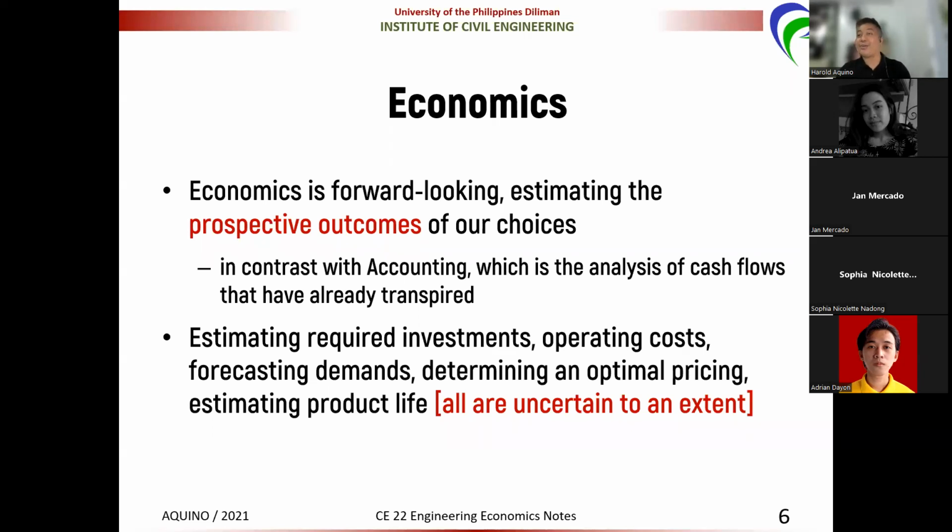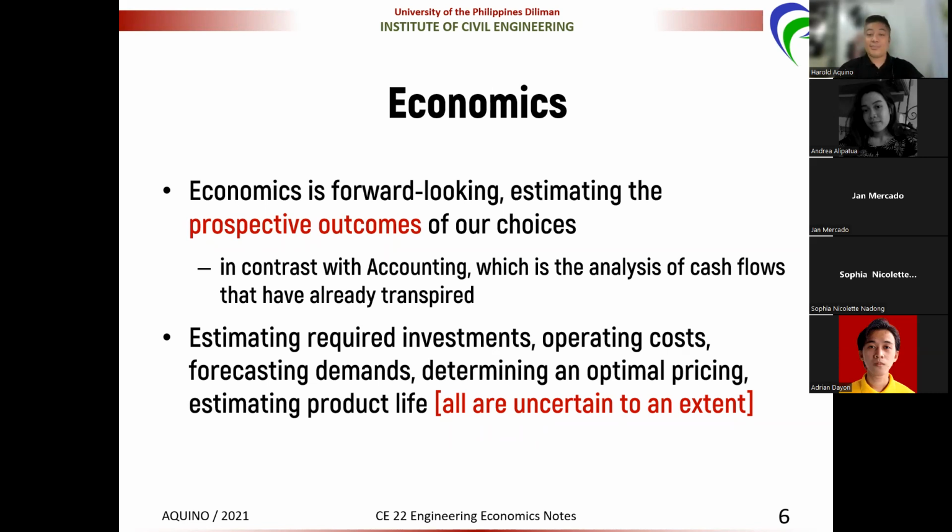With accounting, we record the expenses and the cash inflows, and we balance and track them, where each cash flow went and where it came from. With economics, we have a decision now. We try to project what consequences it will have in the future, and then we evaluate the economic value of these consequences so that we can determine whether or not a project is worth undertaking or a decision is worth pursuing.